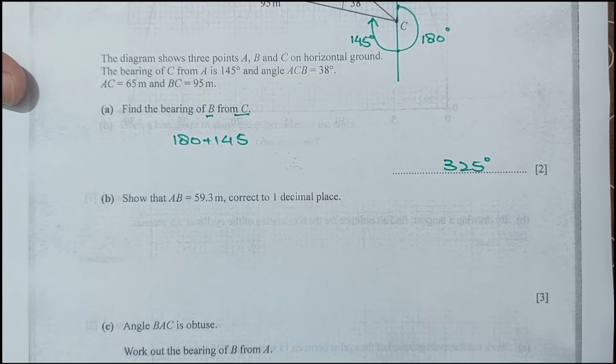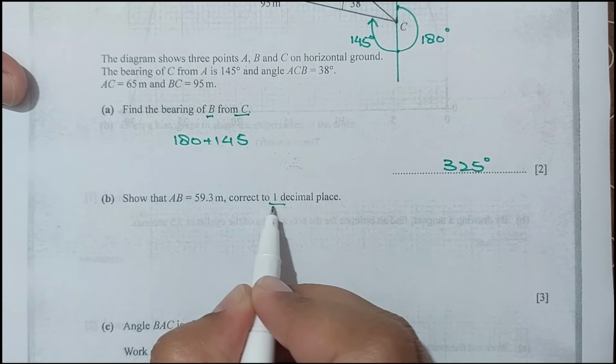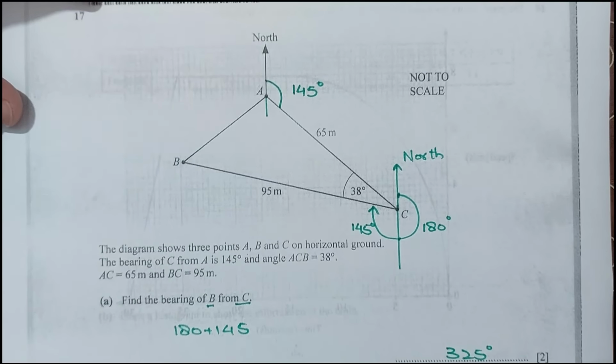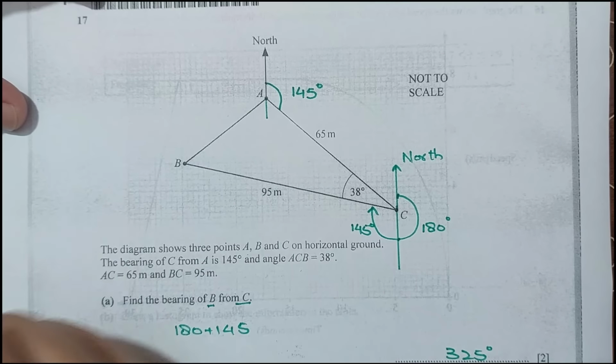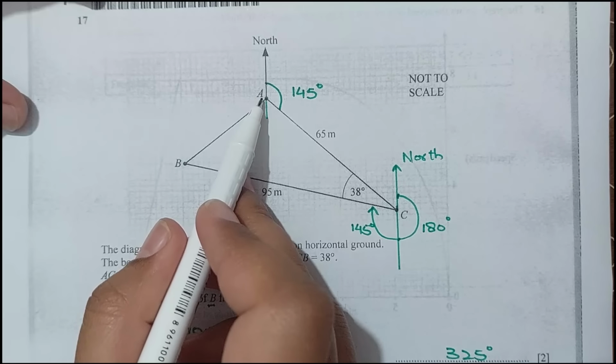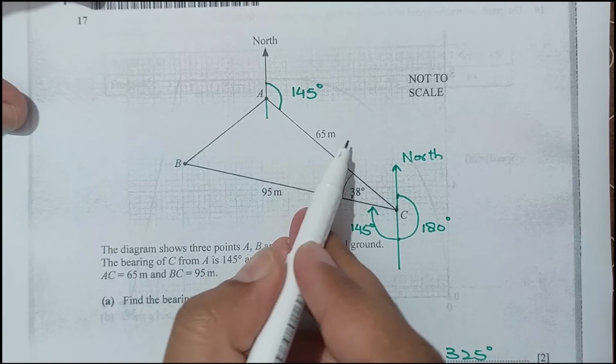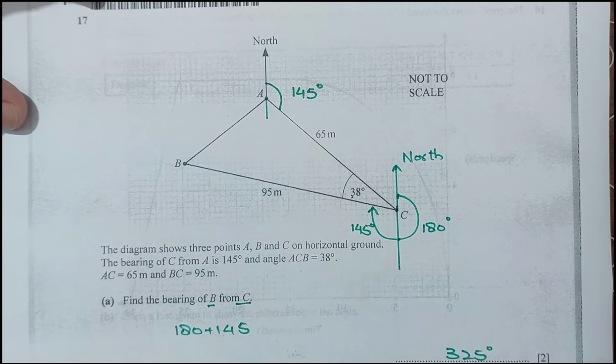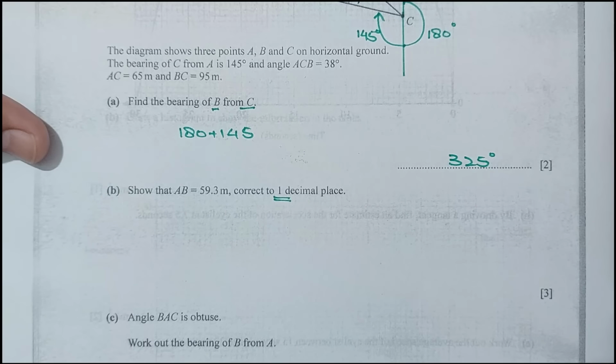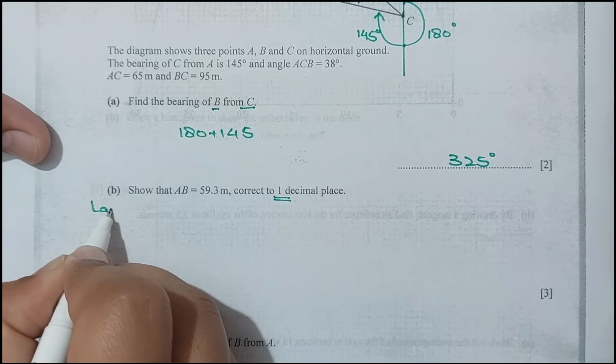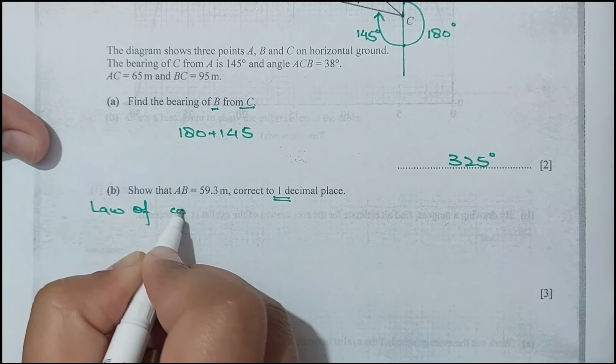Now for part B, show that AB is 59.3 meters correct to one decimal place. A to B, we have to show AB. If we consider the triangle ABC, we have angle C and the two sides, so we can apply the law of cosine over here.